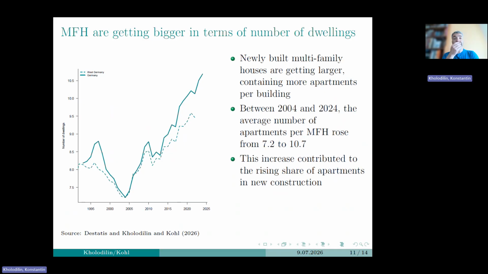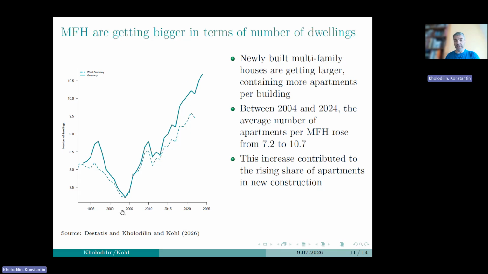Another interesting thing is that the size of multifamily houses has been increasing, and unfortunately we only have data starting in 1991. But we see here, and this is the average number of dwellings per newly built multifamily house in West Germany, dashed line, and unified Germany, continuous line.